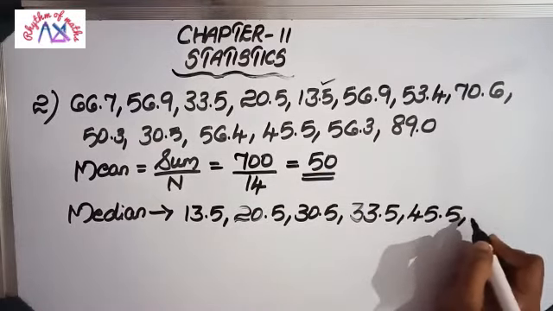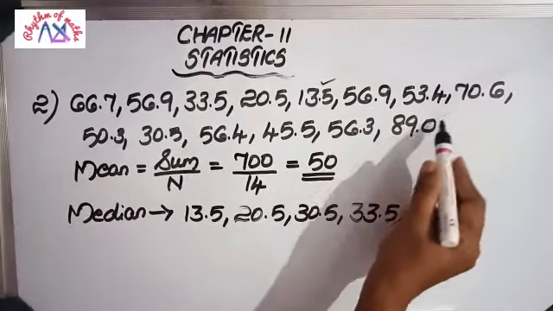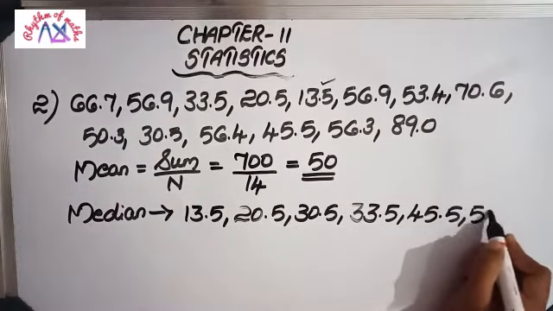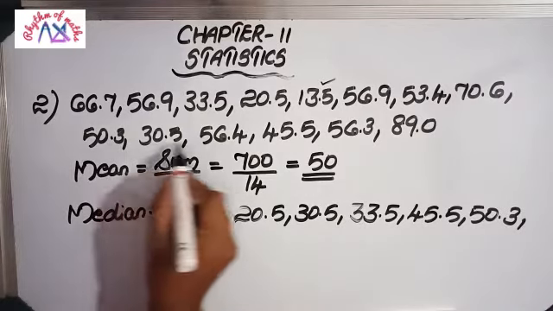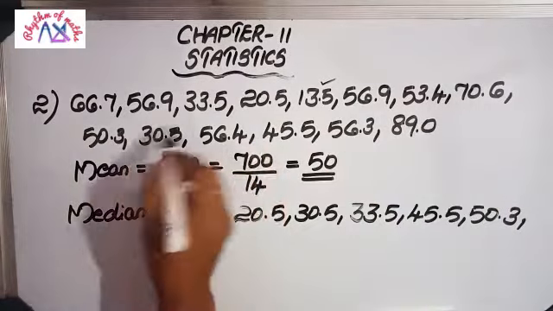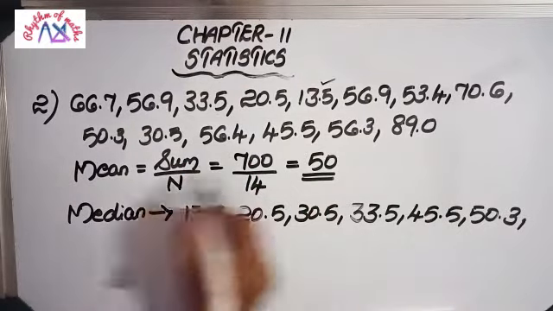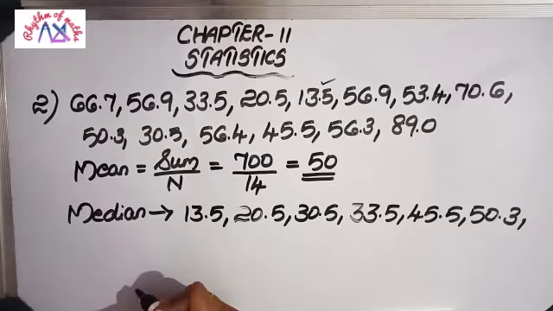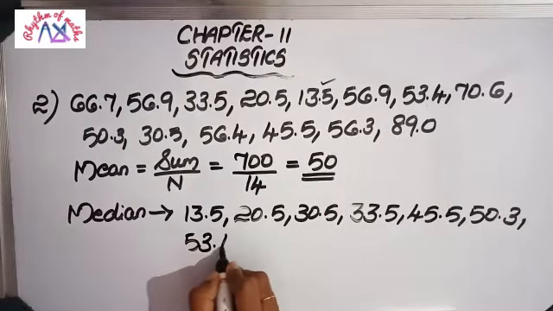After 45.5, 46 and 47 are not there, then next comes 50.3. After 50.3, 50.4 is also there. Next value is 53.4.